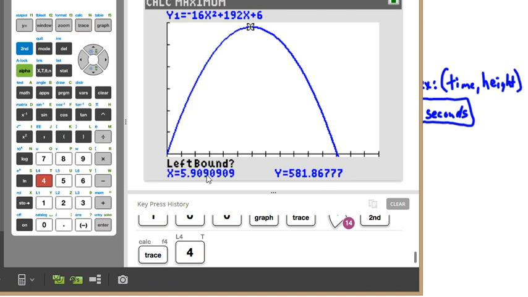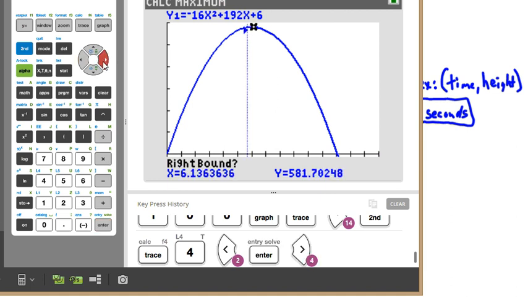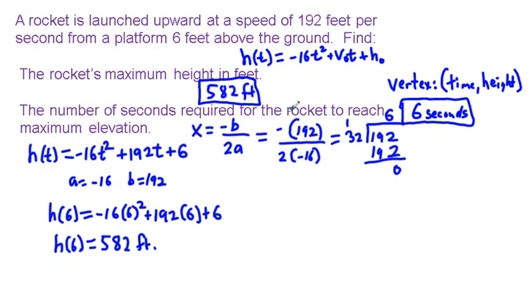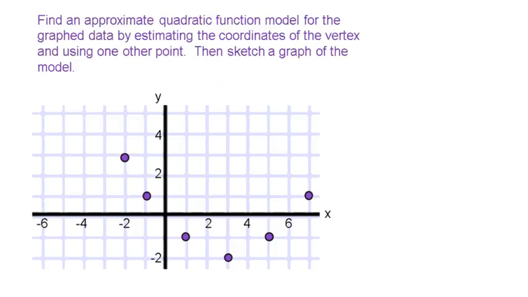It says left bound. We can go to the left, make sure we're to the left, press enter. It says right bound, go to the right of the vertex, we press enter, enter. So yes, at x equals 6 seconds, we have a height of 582 feet. Check, check. Okay, quite easy. Many different ways to do this.